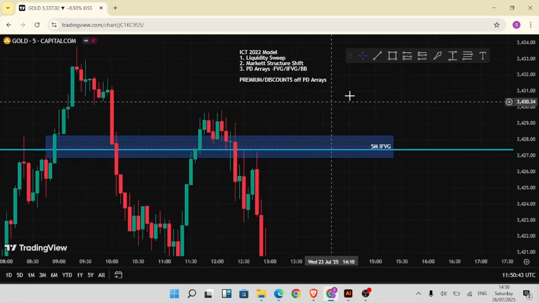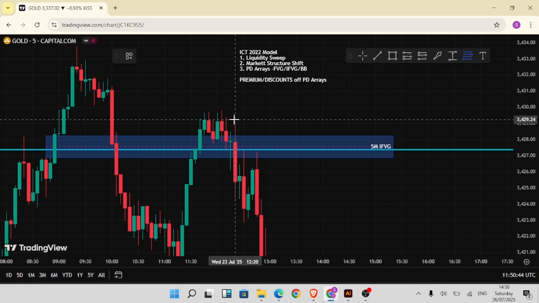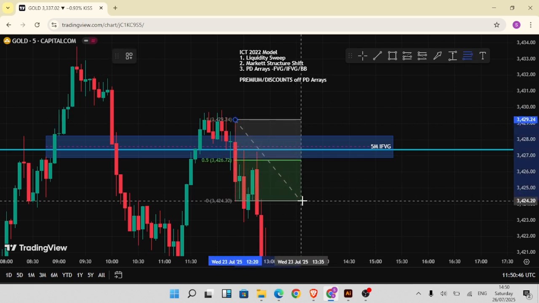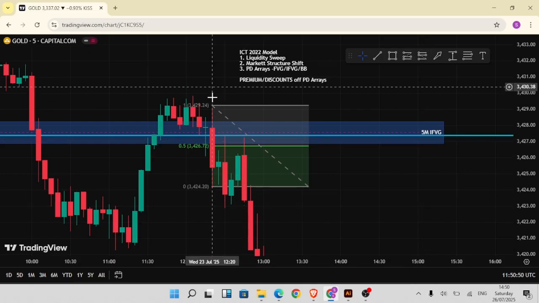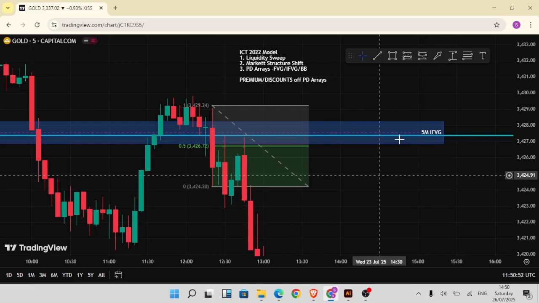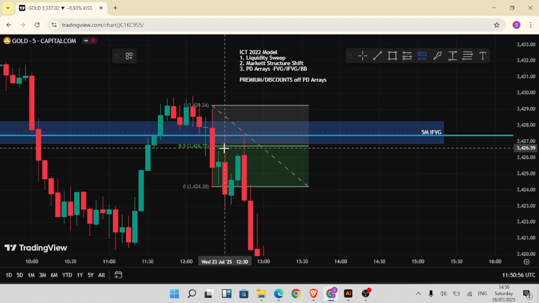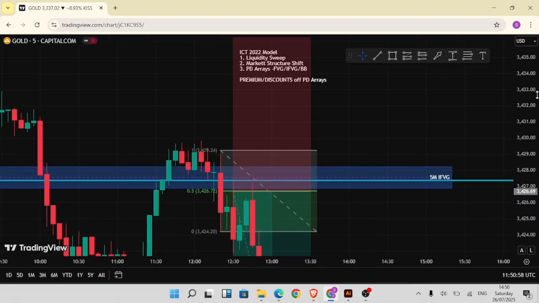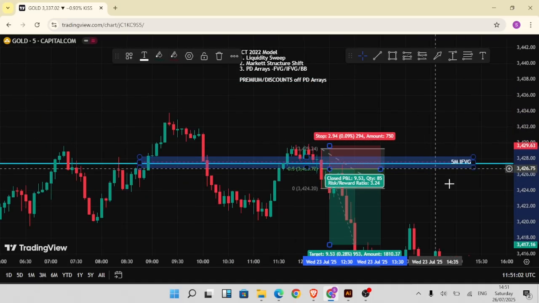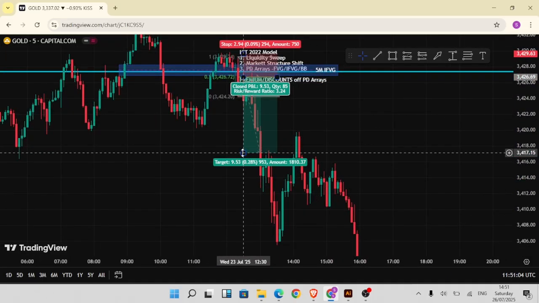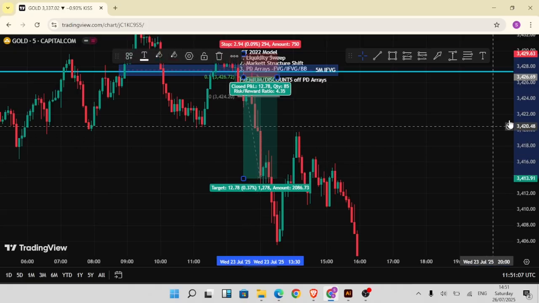What do we do? We mark the equilibrium of the candle that forms that engulfing. Equilibrium of this engulfing candle. Take your entries there at the retest of this equilibrium. Stop loss right above it. And you want your 1 to 4R right there.